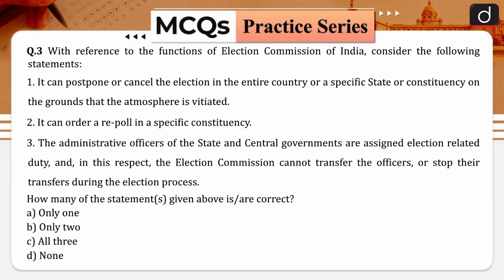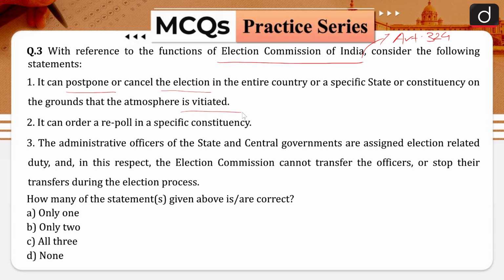So the question is, with reference to the functions of Election Commission of India, and which article of the Indian Constitution talks about the Election Commission of India? It is Article 324 of the Indian Constitution. Consider the following statements. Your statement number 1 is, it can postpone or cancel the election in the entire country or a specific state or constituency on the grounds that the atmosphere is vitiated.